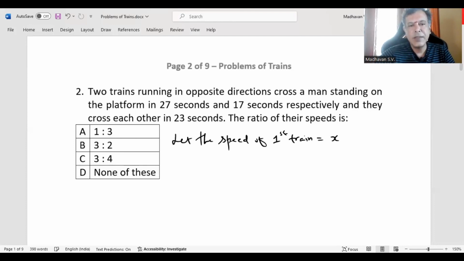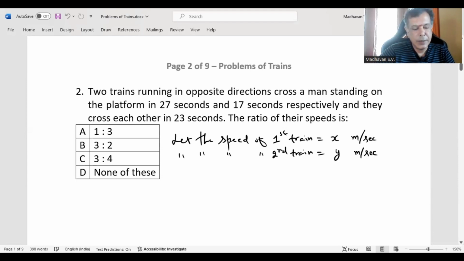See, everything is given in seconds, so we will write x in meters per second. Let the speed of the second train equal y meters per second.